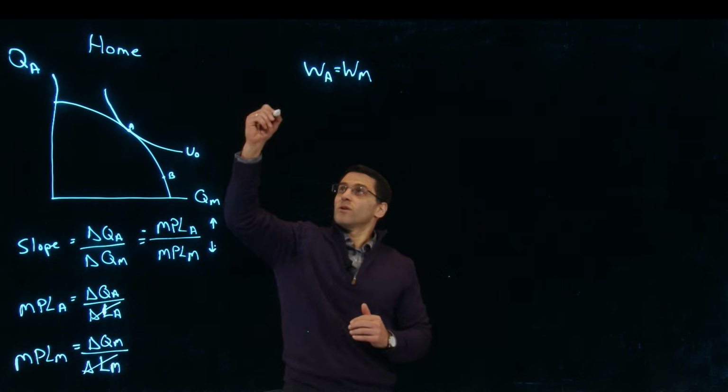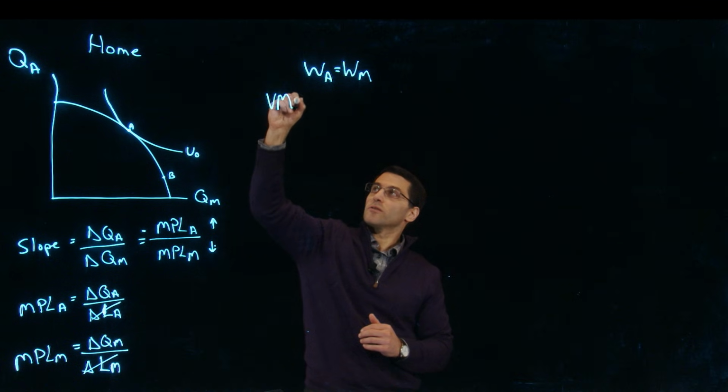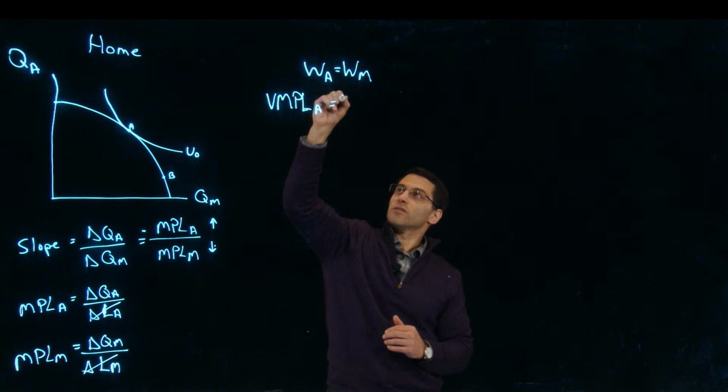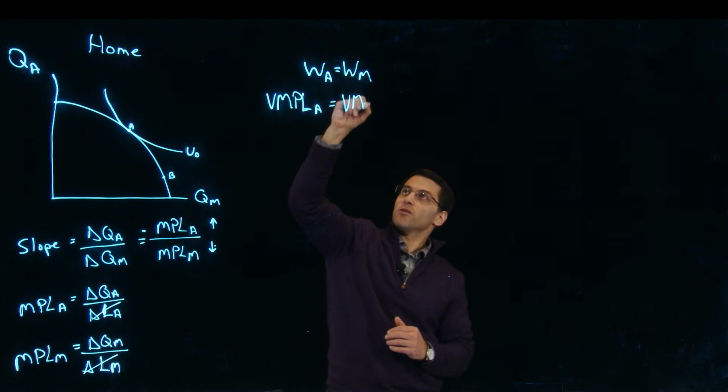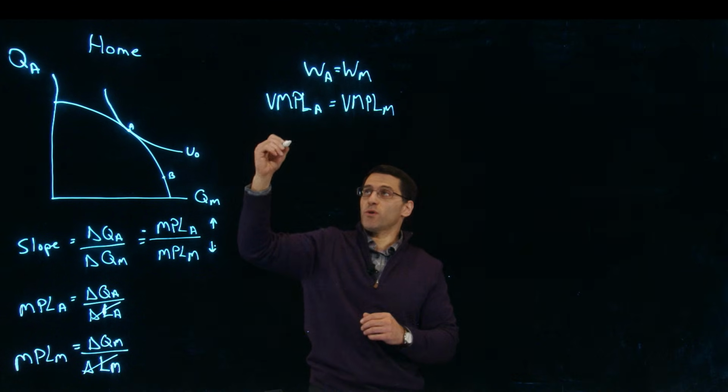Well, we use our equilibrium condition, which says that the value of the marginal product of labor in agriculture is equal to the value of the marginal product of labor in manufacturing. And what is the value of the marginal product?